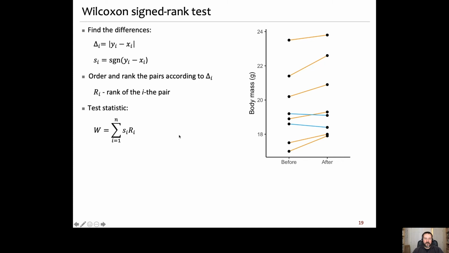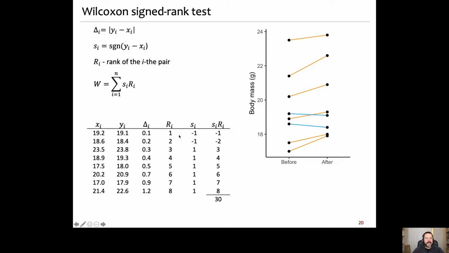Okay, this is probably hard to understand. Have a look at the actual example in data. The data shown in this plot are reproduced here. This is the axis, this is all the before data, this is all the after data. This delta_i is the absolute difference, which is the difference with the absolute value taken. They are already ordered from the smallest to the largest absolute difference. So this is the rank.